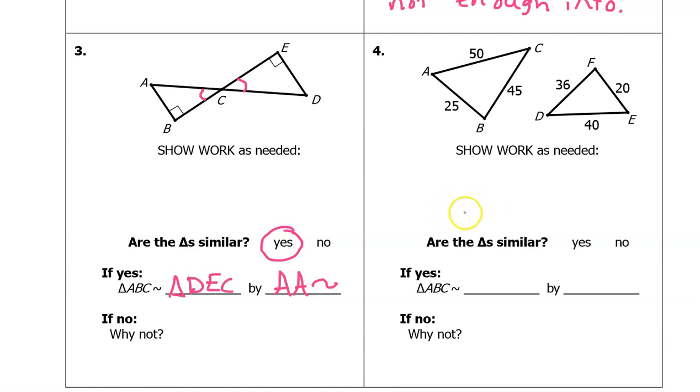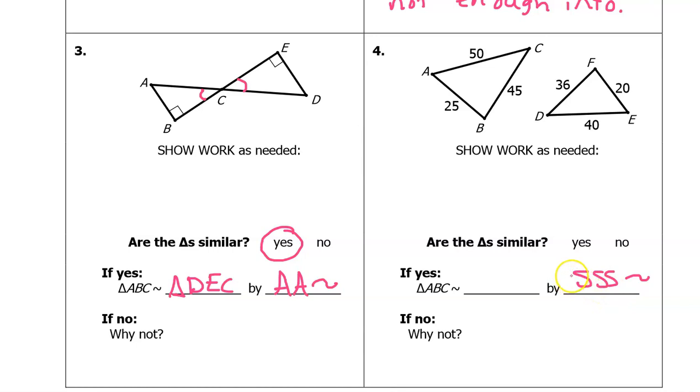Okay, how about number 4? Are these triangles similar? Well, there's a chance that they will be similar by side-side-side similarity. I see that we have all three sides with lengths shown.